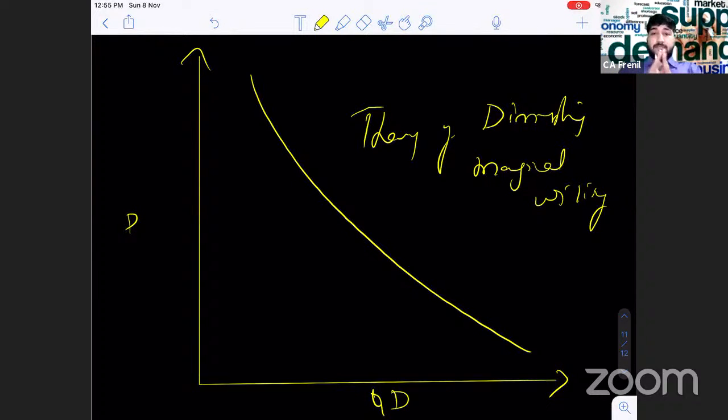The thing is, imagine this. You are very hungry and I will give you a burger. Now I tell you the price of this burger is 100 rupees. You are so hungry that you will pay 100 rupees and eat that burger. Now you are a little less hungry.